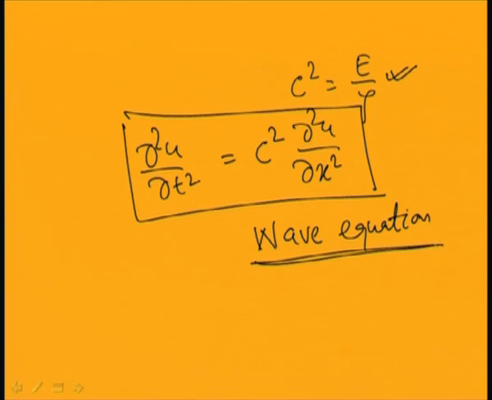So, let us now see the other systems. In the case of torsional vibration of a shaft, let us derive the equation for the torsional vibration of a shaft. This is a shaft, like the rod you have already seen, which can rotate about its longitudinal axis.